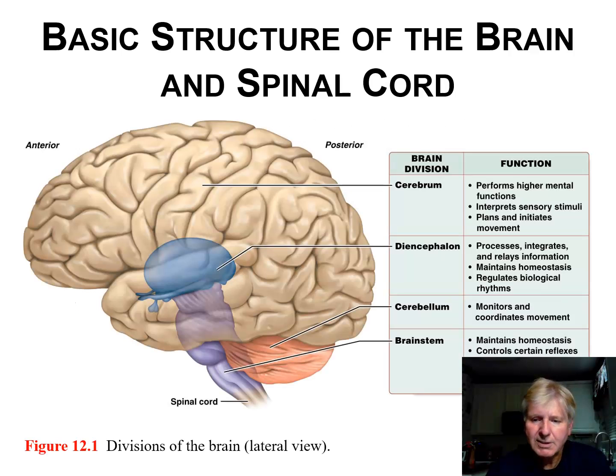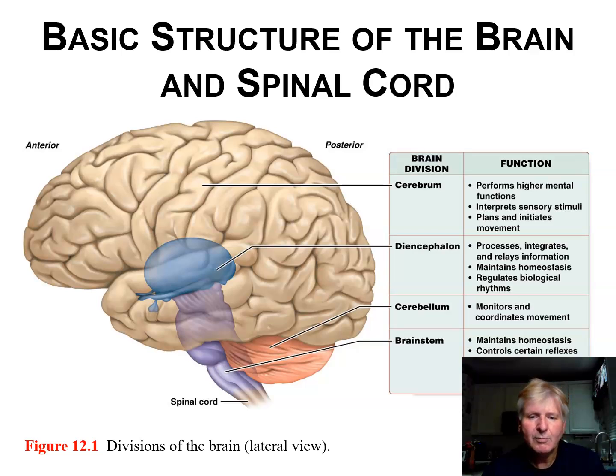So looking at this table, you can see the four basic divisions of the brain: the cerebrum, the diencephalon in blue. The cerebrum, of course, is the majority of the brain. As you can see, it's this part that's colored kind of a light beige. Cerebellum is this area inferior to the cerebrum, which is important for monitoring and coordinating movement.